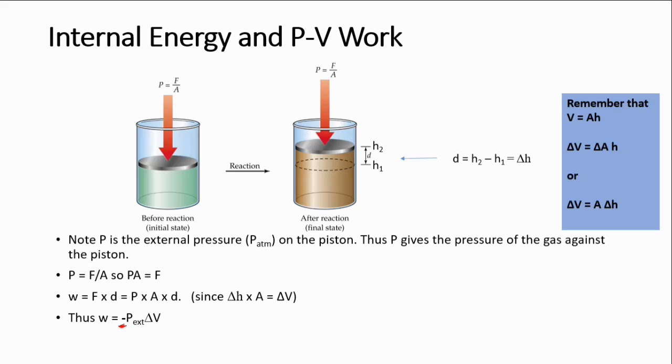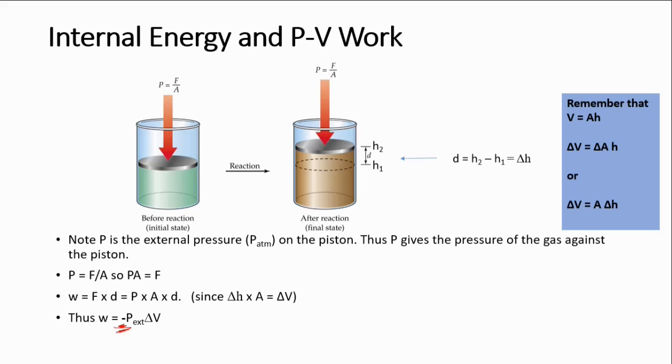It's a designation given to you. It is a given, in other words. So you might be saying, but you made an assumption that work is always being done by the system. What if work is done on the system instead of by the system? I am telling you that this negative sign would take care of itself.